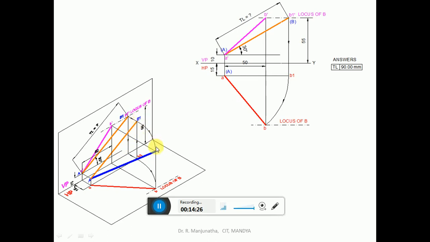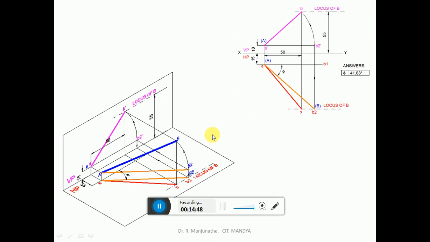You rotate it and make it such that this point B is going to lie on the end projector of this line, so that the image is going to fall on this. So once you get this point, you draw the locus of B here. So obviously when you look from the top view, you are going to get AB here, which will be in a dark line. So this is how we can do it in space.